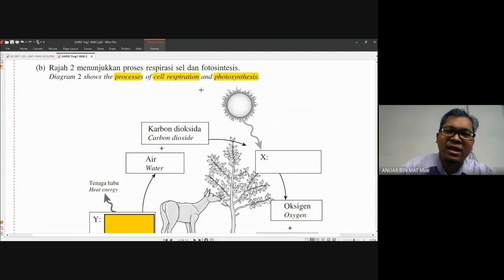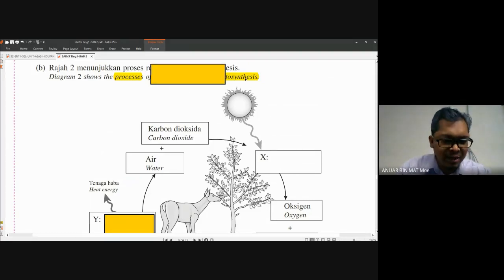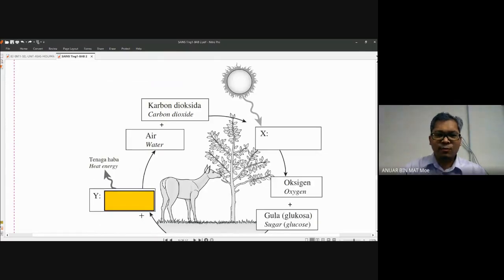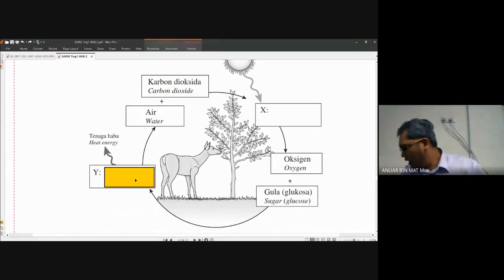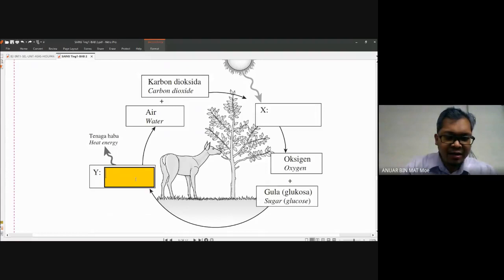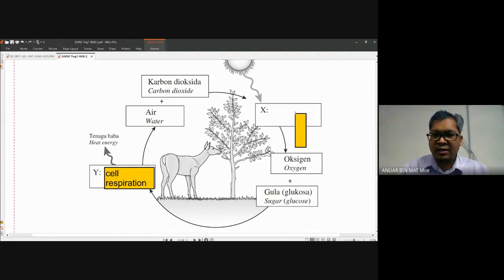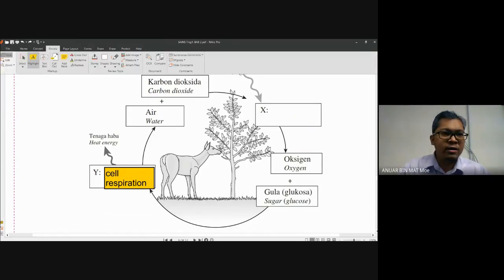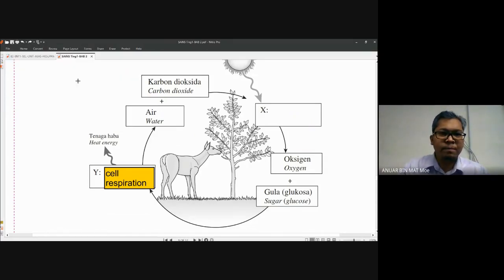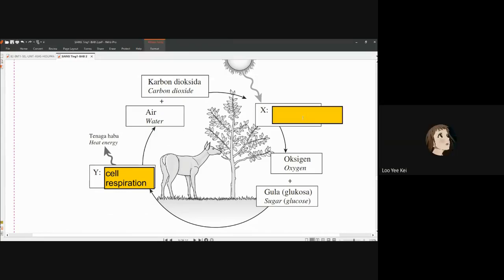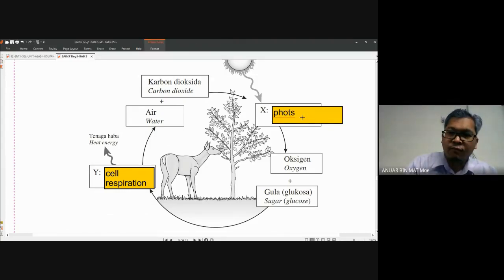Ini soalan ini sudah salah nih. Dia tak boleh bagi ini. Ini sebenarnya jawapan dia, ya. Okay, Y is what? Y is cell respiration. And X is what? X is photosynthesis. Yes, correct.